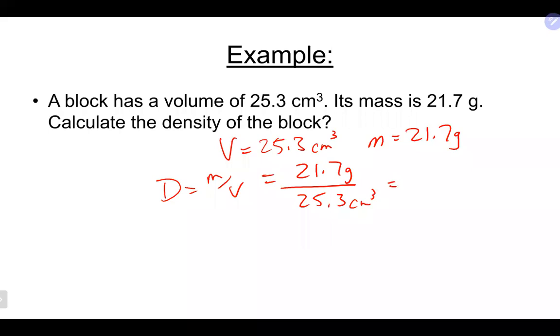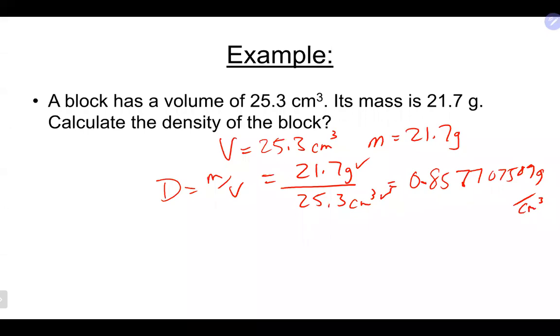When I divide 21.7 by 25.3 on our calculator, we got 0.857707509. Do these units cancel each other? They do not, so they stay. The units here would be grams per cubic centimeter. Would that be the proper way to report the answer here? It would not.